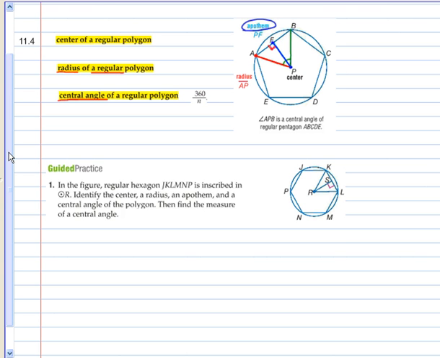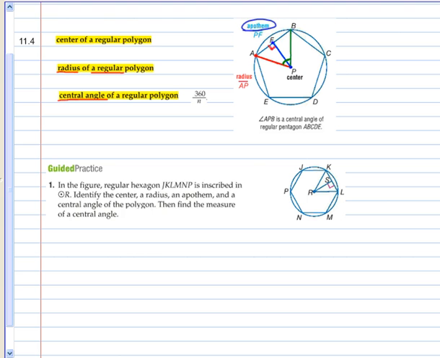All right, an apothem goes from the center to the midpoint of a side, and so it is going to be perpendicular right there. So now that we have all of those values, could we figure out what the measure of a central angle is in a regular polygon?